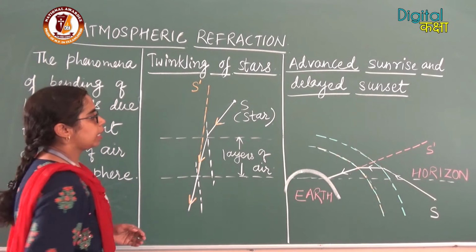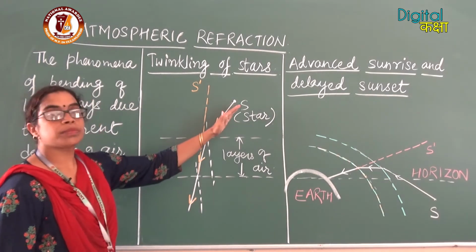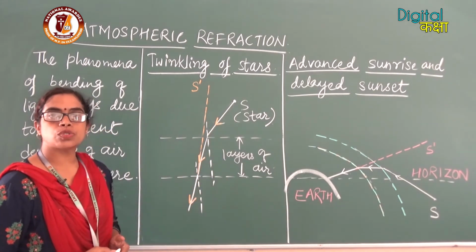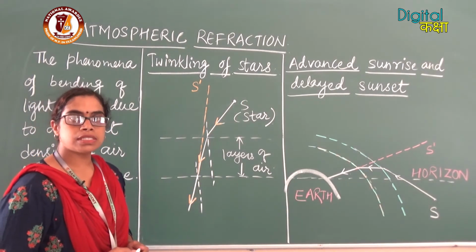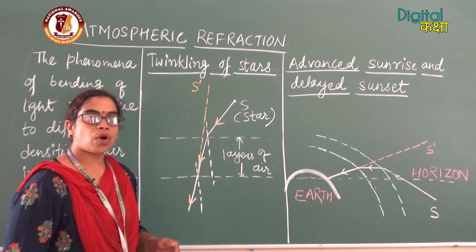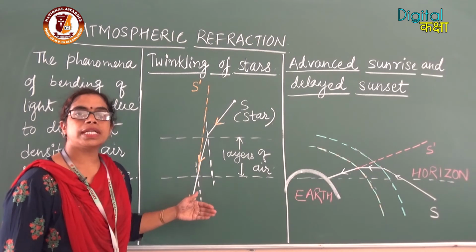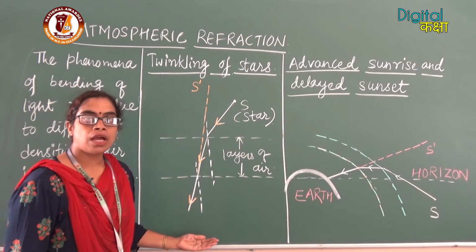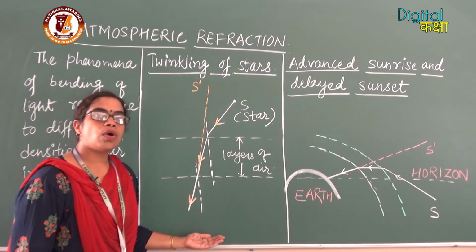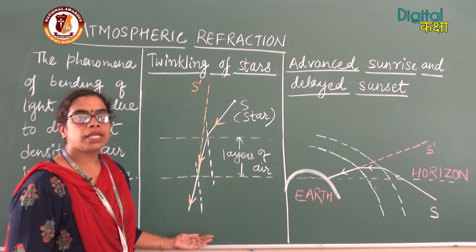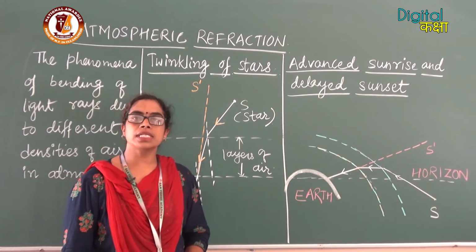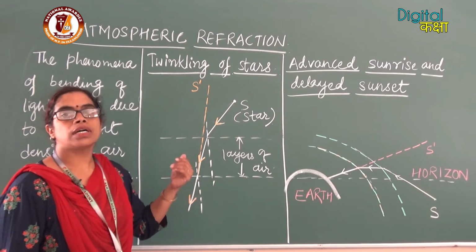The incident ray, drawn from the star, travels through the different densities of air, and here its propagation is taking place from the rarer to the denser medium. How did I say that? Because we know that the density of air is more near the ground, and this density keeps on decreasing as we go up in height.